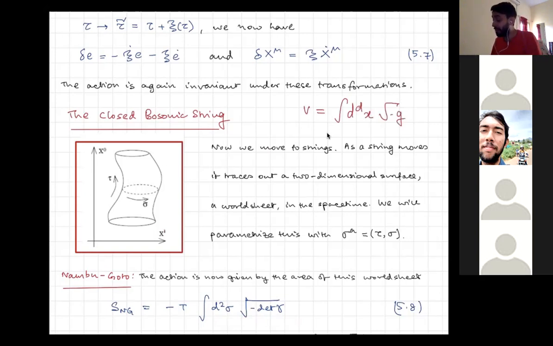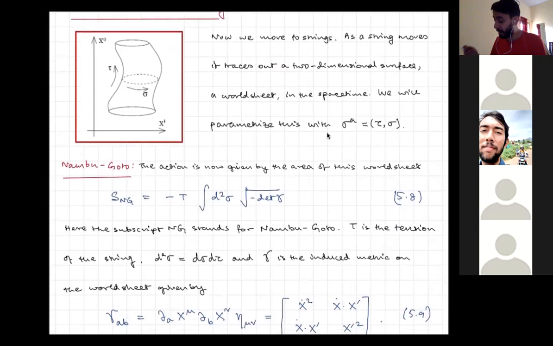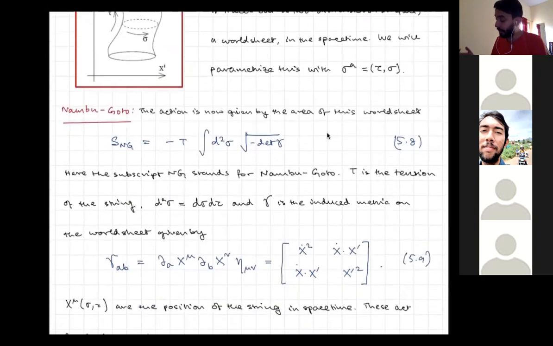Now, if this is going to be what our action is, in this case this is very simply just d^2 sigma times the square root of the determinant of gamma, where gamma is the induced metric on the world sheet, and this is just given by the pullback of the flat metric onto the world sheet. So this is del_a x^mu, del_b x^nu into eta_mu nu.